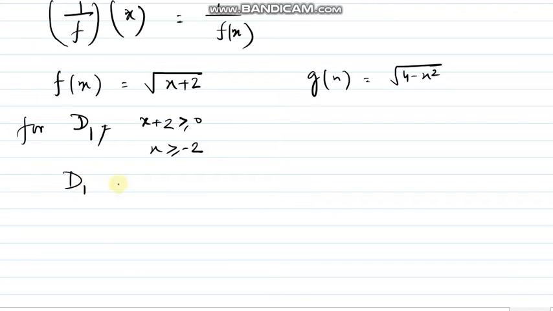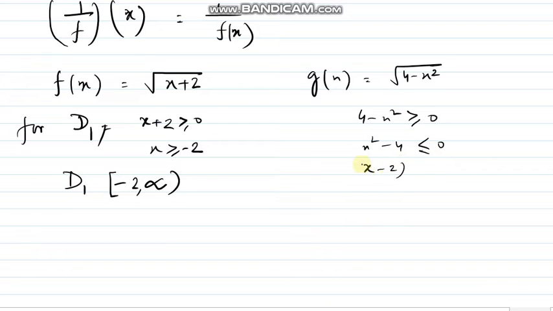So d1 is minus 2 to infinity. Now this is again under a root, so 4 minus x square is greater than or equal to 0, so x square minus 4 is less than or equal to 0. If you have any problem with this, you can check the video on sign of quadratic expression, and you will understand. So x will be in between minus 2 and 2.